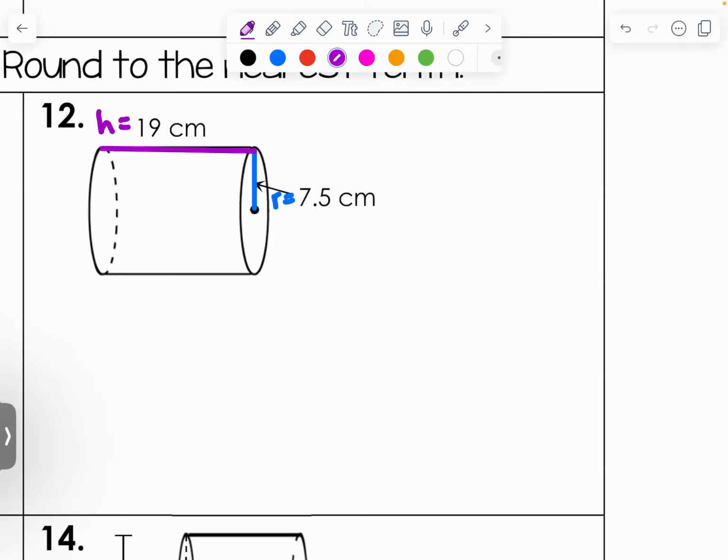I love hearing people talk about if they're getting the same answer.